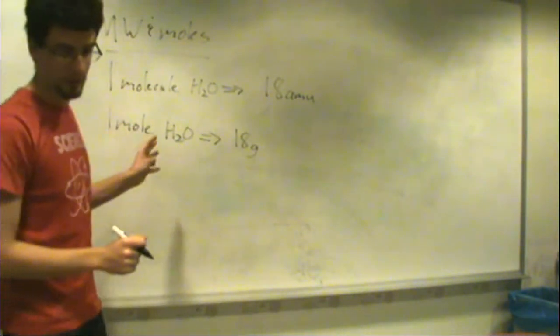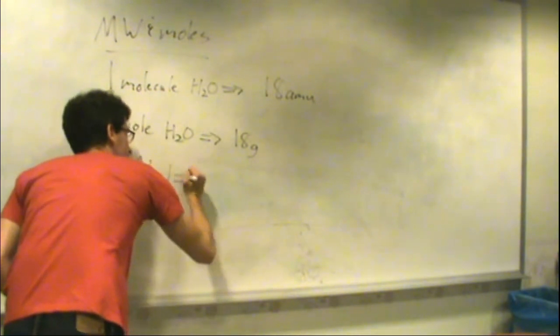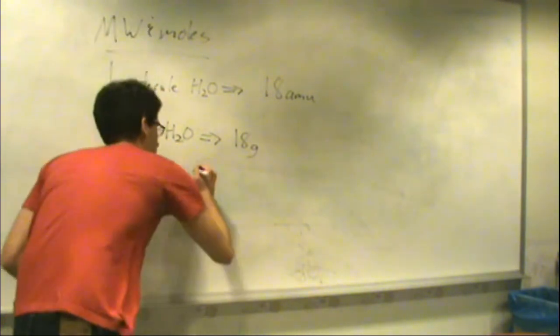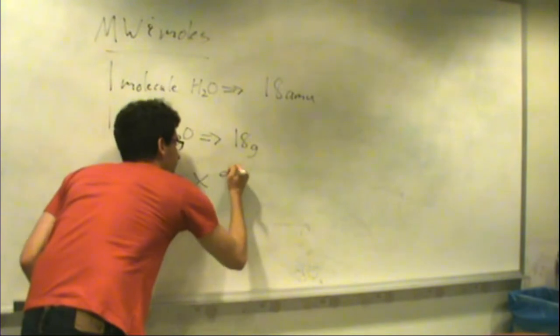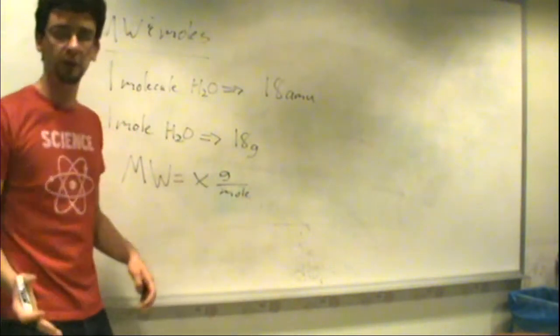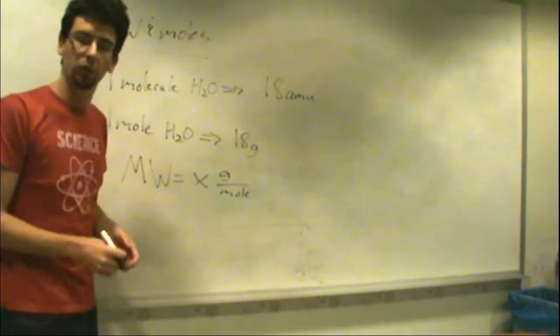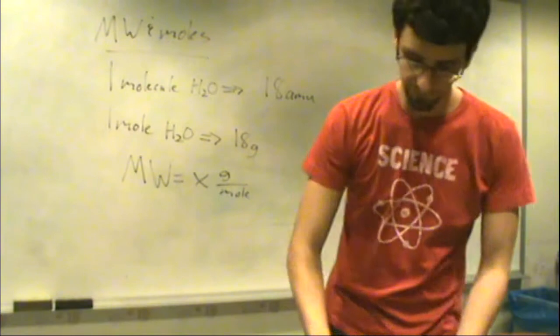So you can relate molecular weight as equal to some amount of grams, we'll call them X grams, per mole. So you can use the periodic table to figure out how many grams per mole you'll have of whatever compound you're looking at.